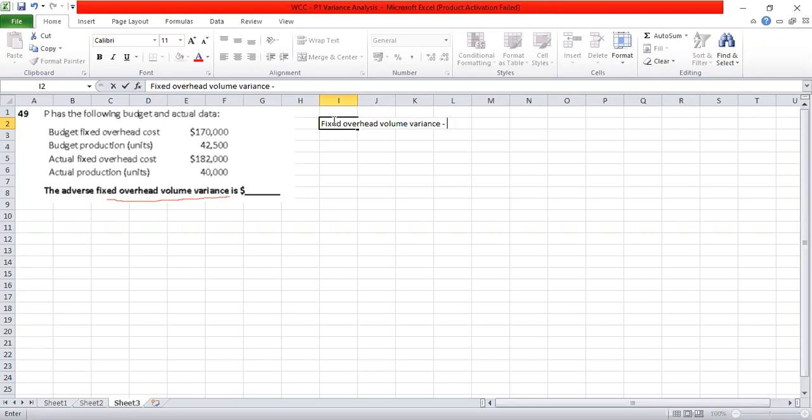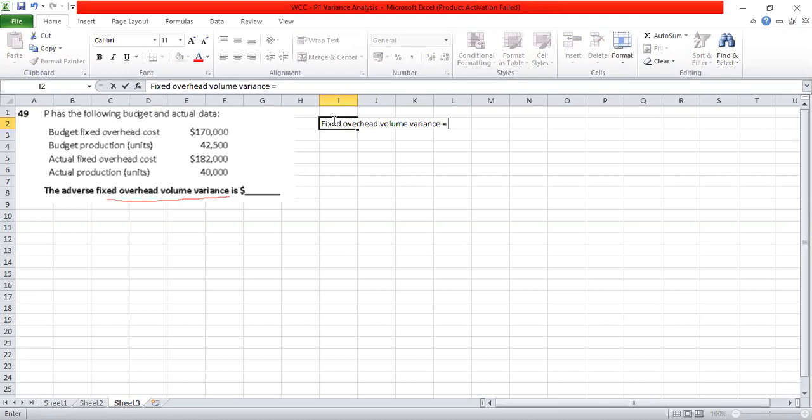So, what is volume? What is volume mentioned as in this particular question? That is what we have to look into. We have budgeted fixed overhead cost, and they also have mentioned the volume of activity which is planned and which has actually taken place. So, there is a difference in the volume.